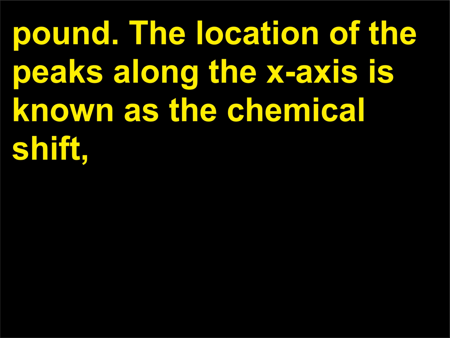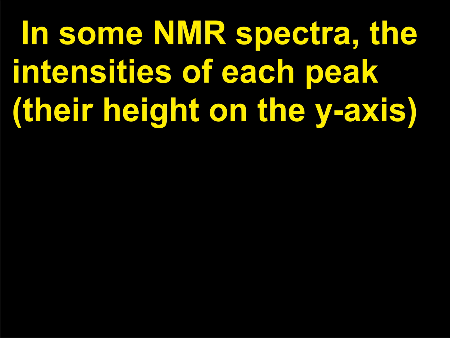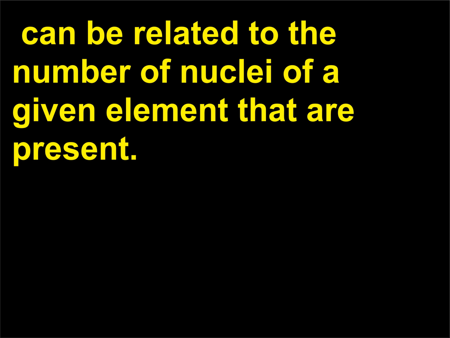The location of the peaks along the x-axis is known as the chemical shift, and this value can be related to the electron density surrounding each nucleus. In some NMR spectra, the intensities of each peak, their height on the y-axis, can be related to the number of nuclei of a given element that are present.